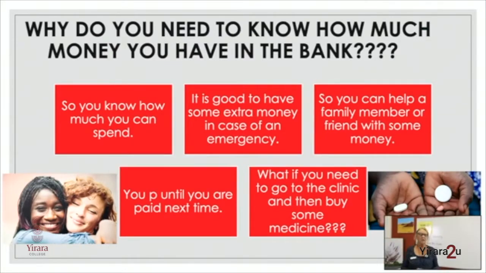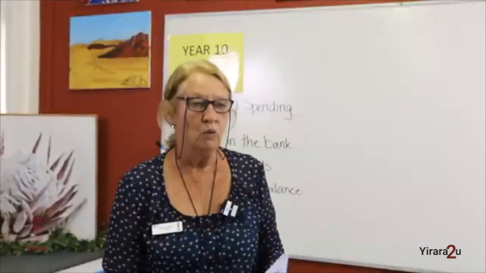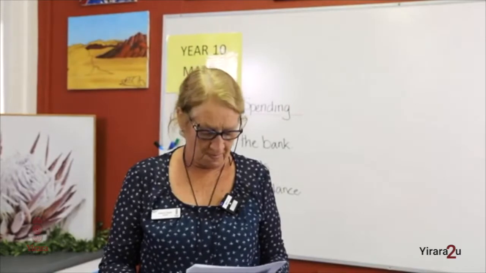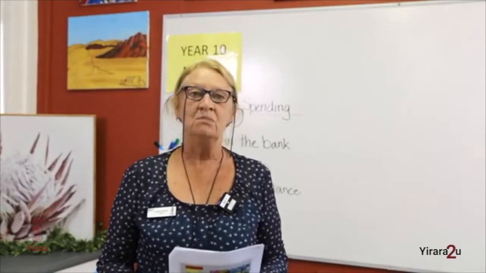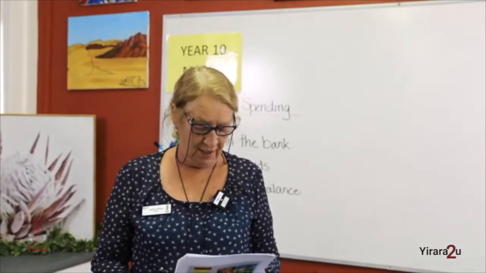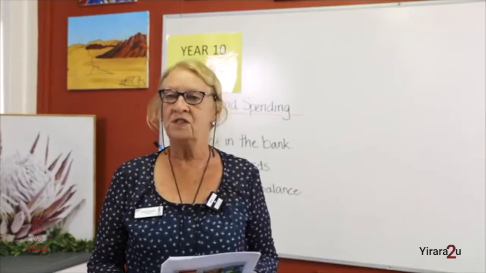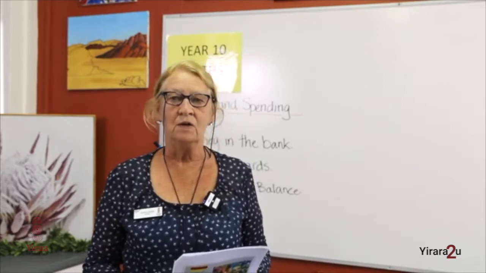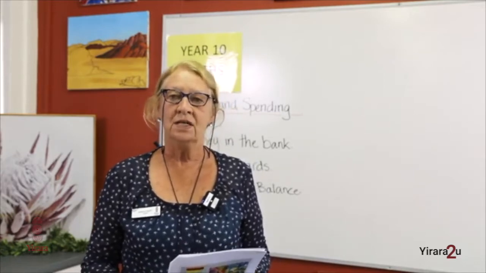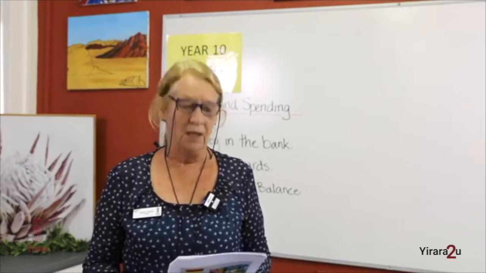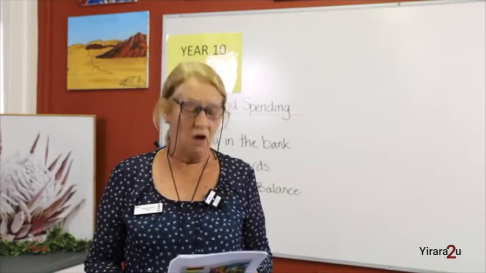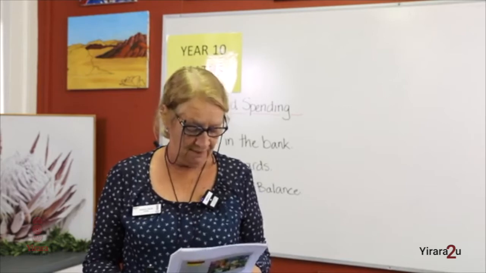All right, let's take the PowerPoint off and think about what your needs are. The needs are the money you must spend. When you get older, there are lots of things that you must spend money on. You'll have rent, maybe a mortgage, medical costs, electricity.